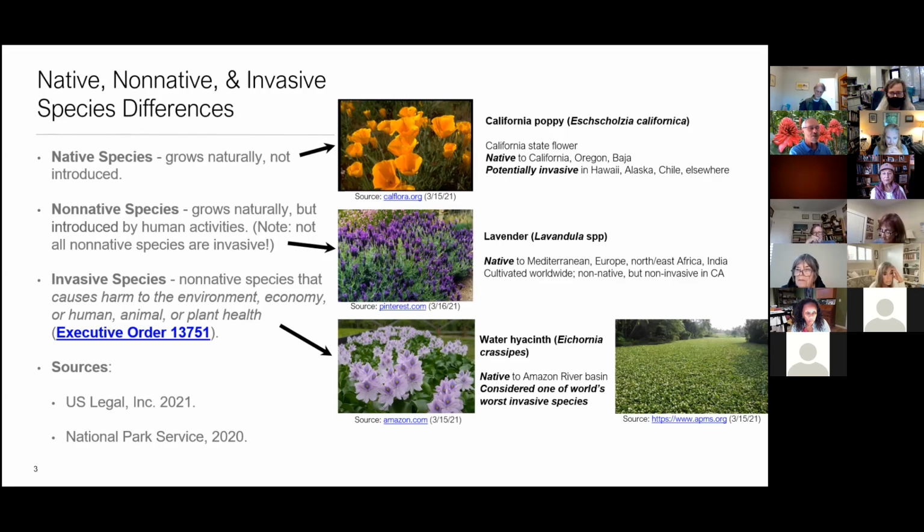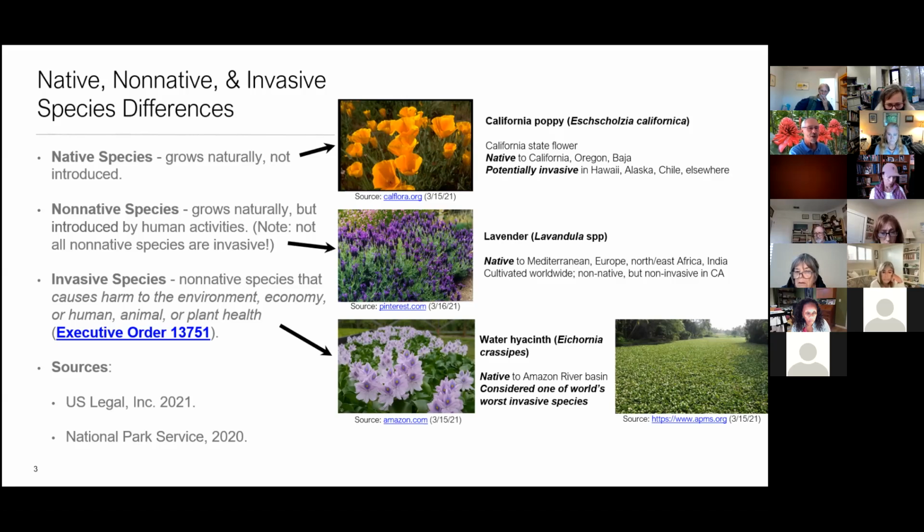An invasive species is considered a non-native species in a region that causes harm to the environment, economy, or human, animal, or plant health. And a good example of an invasive species is shown here, water hyacinth, considered one of the world's worst invasive plants.